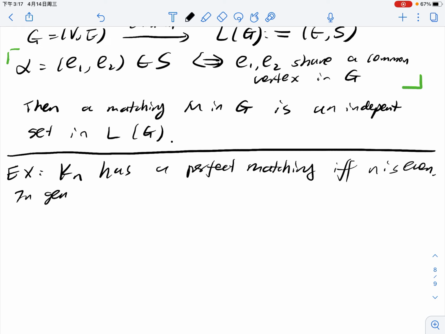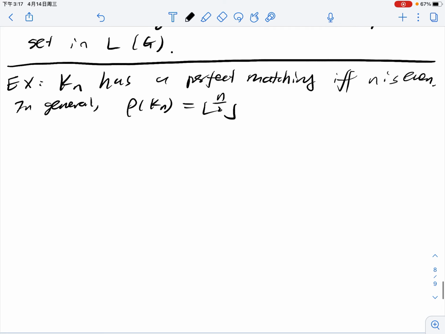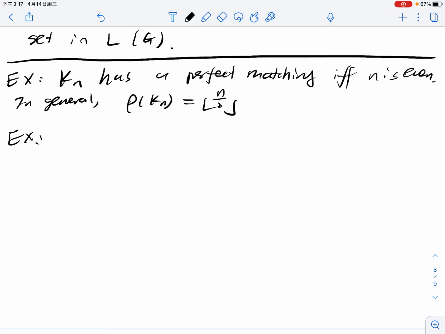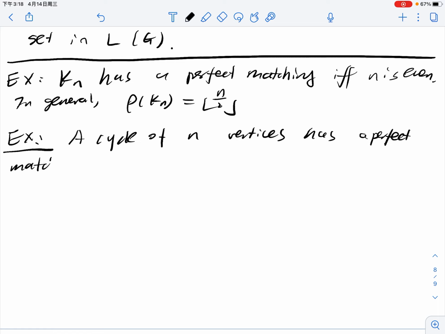And in general, the matching number is the floor of n over 2. And another example, a cycle of n vertices has a perfect matching if n is even.